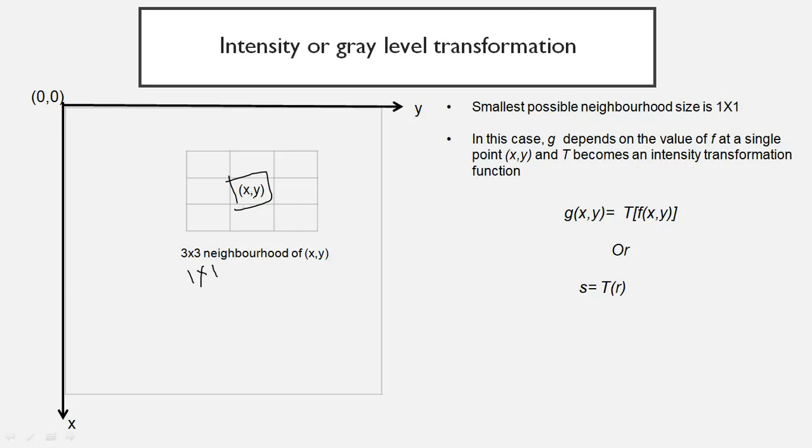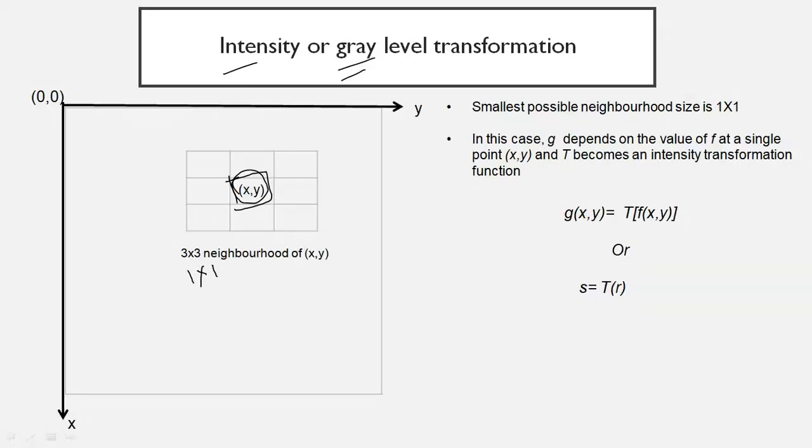When in the output image, the value at this particular pixel location changes with respect to the value of the pixel at this location in the original image, and it is dependent on only this value of the pixel, then such an operation is called intensity level or gray level transformation. It is also called the point processing technique.